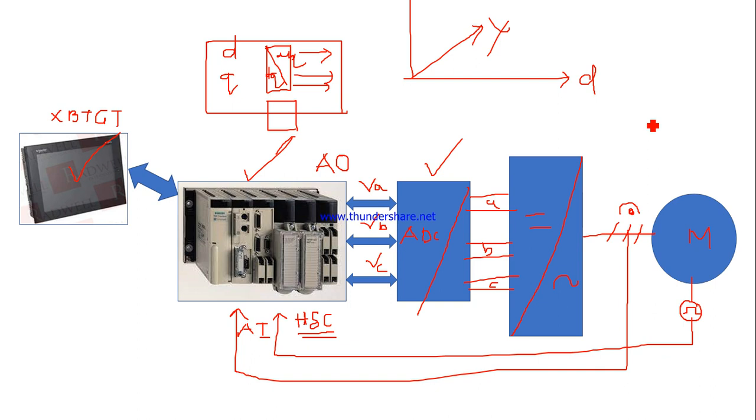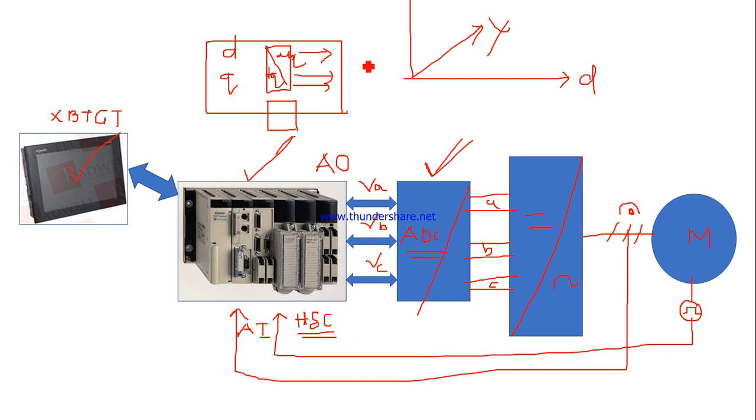So the main thing is this PLC is used to generate that modulating signal for the three phases, and this hardware will be reading that three-phase modulating signal by the ADC, and this ADC value will be updated in every timer overflow to generate the pulses.